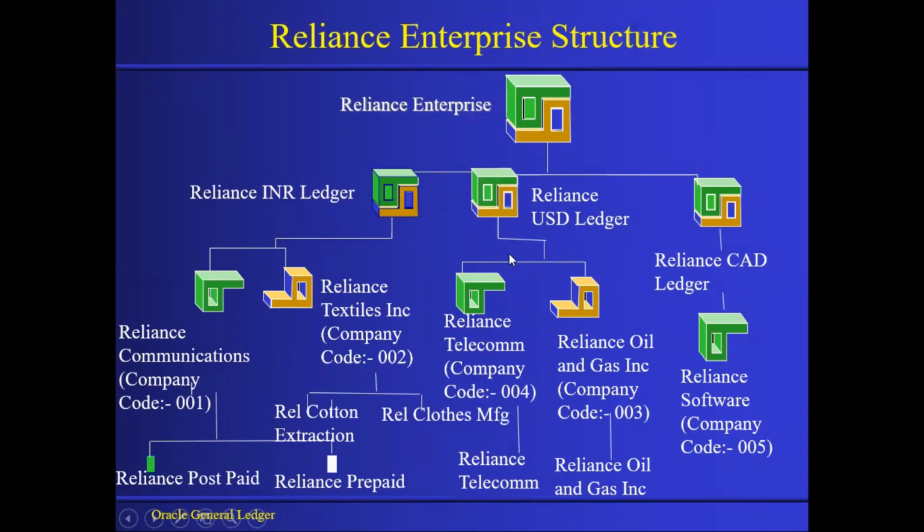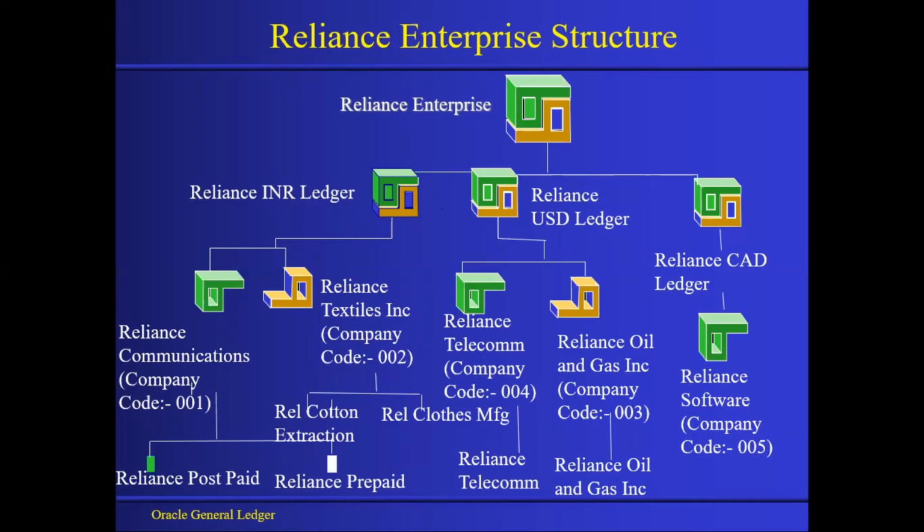For the Indian operations, we have the Reliance INR ledger where the functional currency is INR. For US operations, we have the Reliance USD ledger, and for Canadian operations, I have the Reliance Canadian ledger where the functional currency is CAD. From a consolidated financial reporting perspective, the functional currency of the consolidated ledger would be INR.